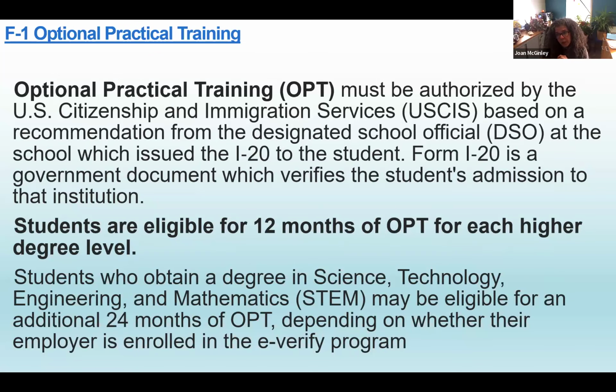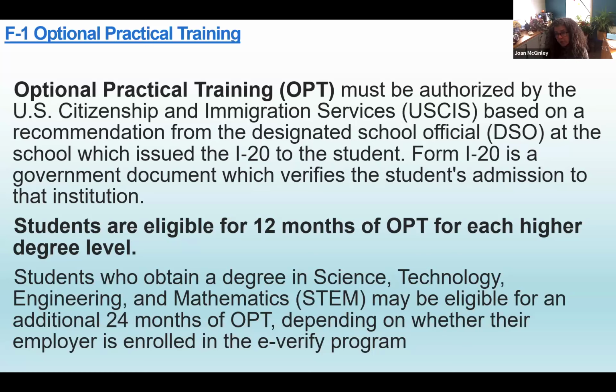Optional practical training is a 12-month employment opportunity directly related to their field of study that they can choose to use while they're in their program or after they finish. So if you were to talk to that student at Drexel and they spoke with their international office and said, could I take this opportunity? They might say, you can't use curricular practical training because this opportunity is in no way required by your program.